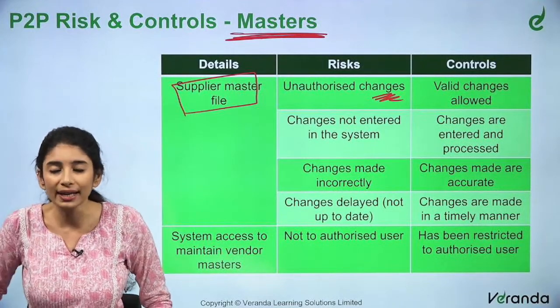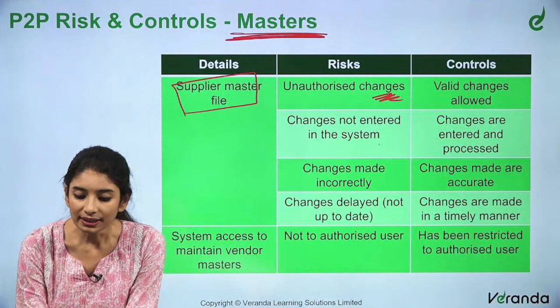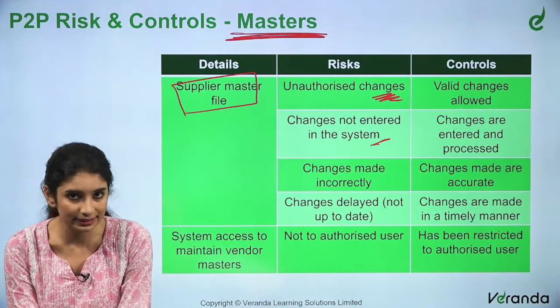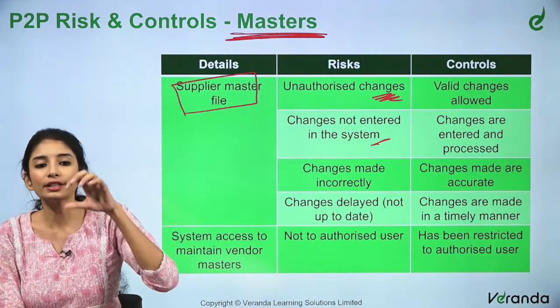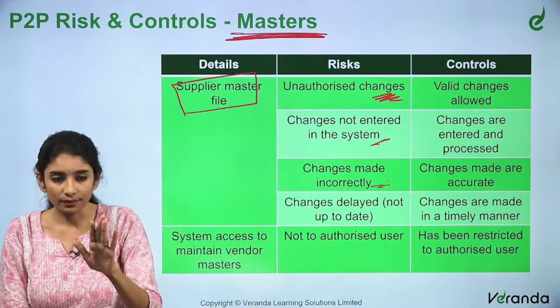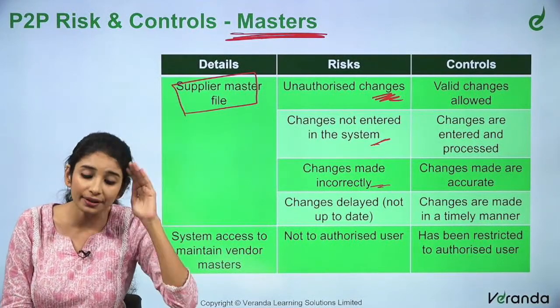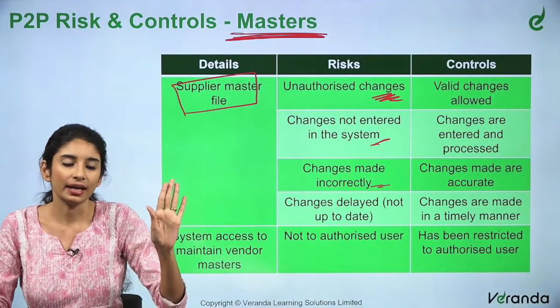So, unauthorized changes made to the supplier master file. Next is changes not entered into the system. Changes are not even entered into the system. Third point, changes are entered but entered incorrectly.